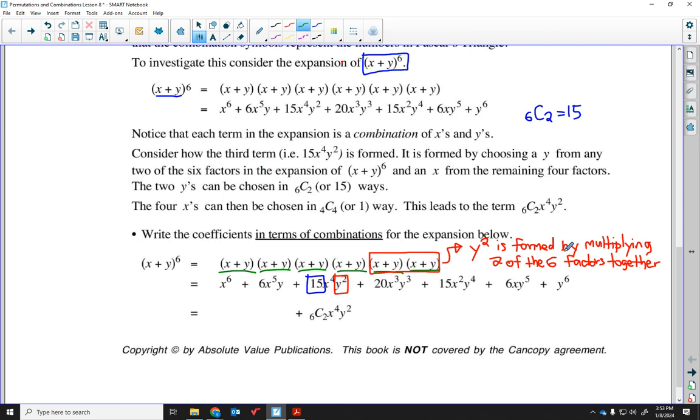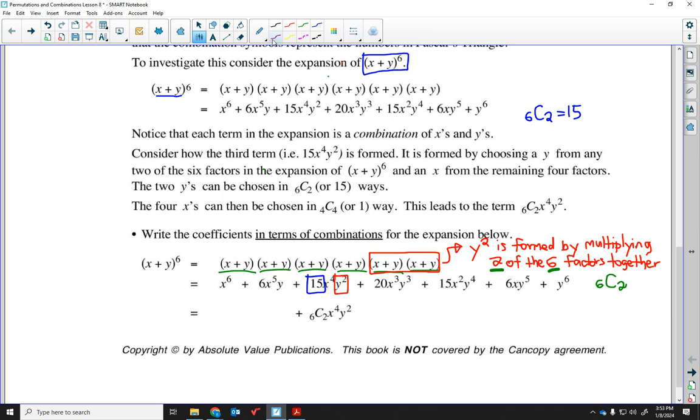If we have 6 factors and we choose 2 of them to form the y squared, that's what leads to us getting 6 choose 2. So of the 6 factors, we choose 2 of them to form the y squared term.